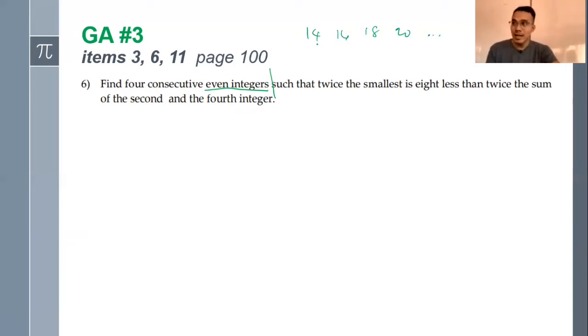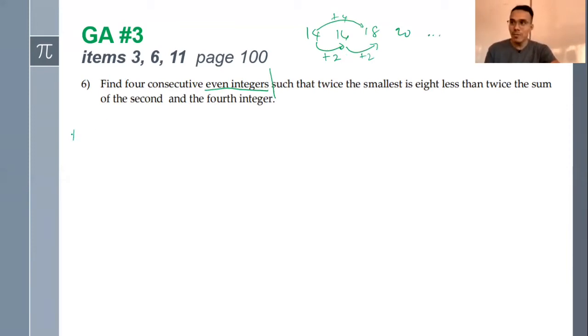And notice that in order for you to get the next integer, you're just going to add 2 to the previous, right? 14 plus 2 is 16. 16 plus 2 is 18, something like that. Or 14 plus 4 is 18 to get the second even integer, something like that.